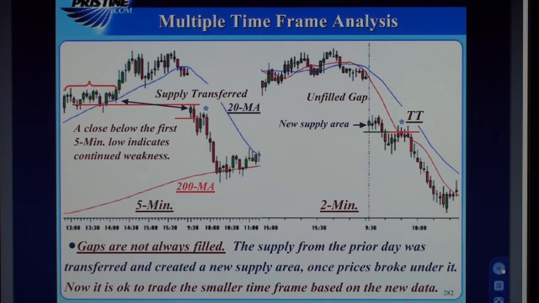Notice on the 2-minute, the last topping tail bar prior to the breakdown closed on its low. To reinforce, again, consolidations with tails. When we get a tail bar that closes on its low, we have a bearish bias here. That is the signal that prices should start moving in the direction of our bias.